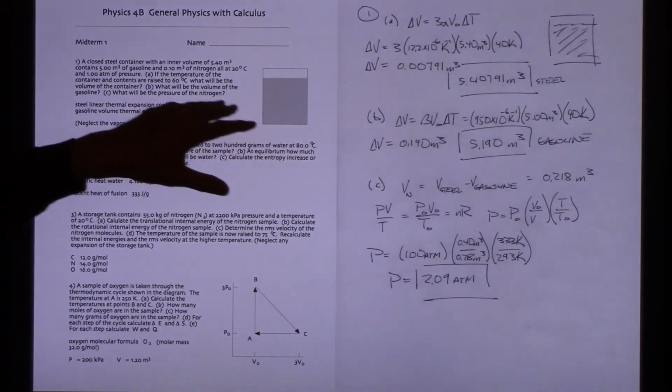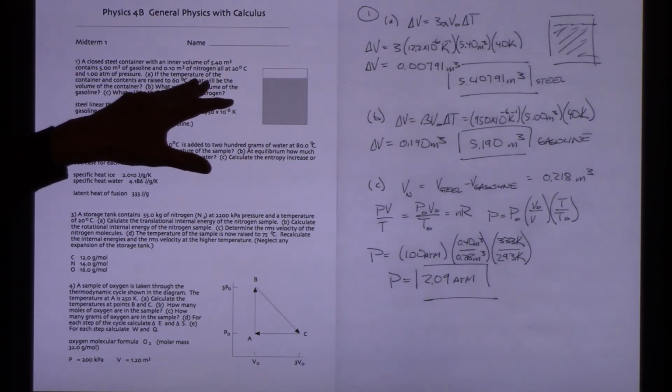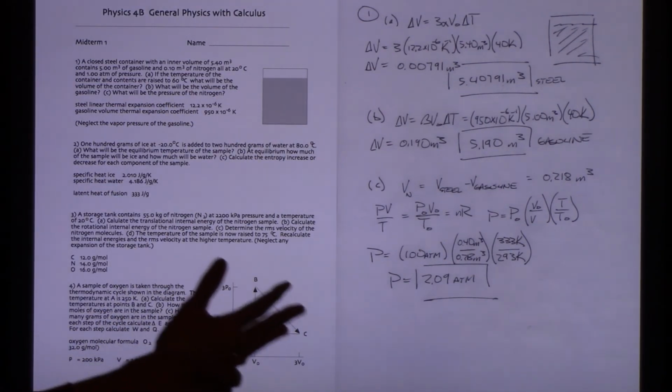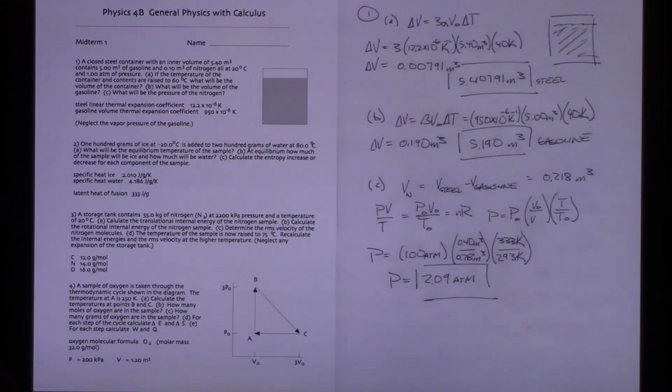The gasoline's taking up quite a bit of that space that used to be taken up by the nitrogen. Now, the steel and the gasoline are liquids and solids, and they're not very compressible. So if the gasoline's expanding and taking up more room inside, the nitrogen's going to get compressed. So that's what part C is asking about.